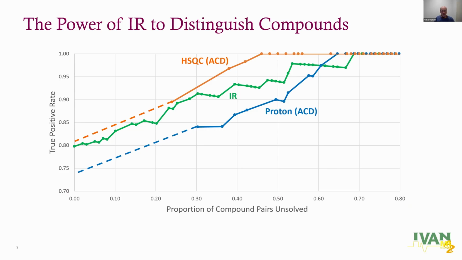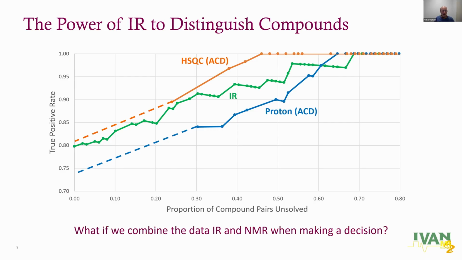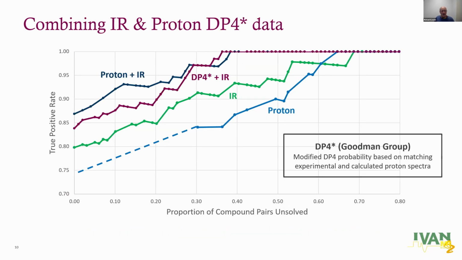But what we'd really want to know is what happens if you combine the data. So I'll just show you those quickly. So we've got proton, we've got the infrared, and here we've got the combination of proton and infrared.